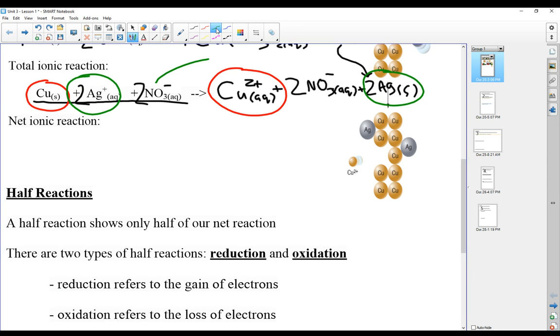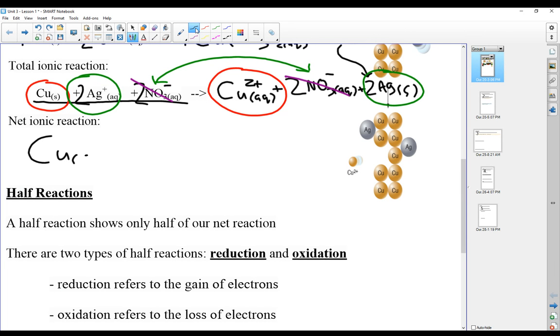Did any change occur with nitrate? Take a moment, take a look. NO3−, both in the aqueous state, there was no change. So we'll cross those off, and then we would just rewrite our total ionic reaction as what is left over.